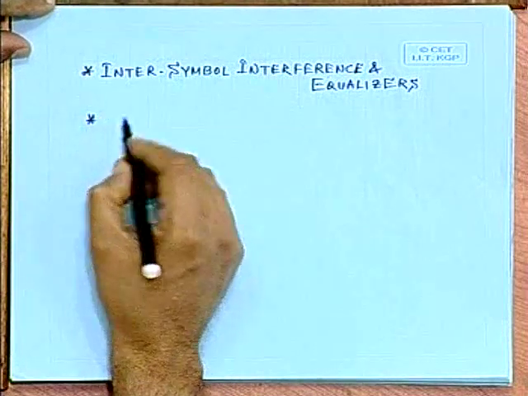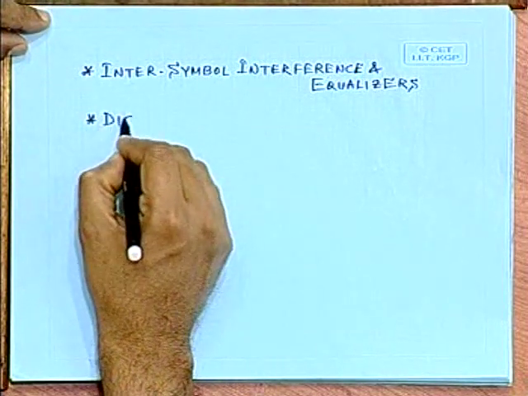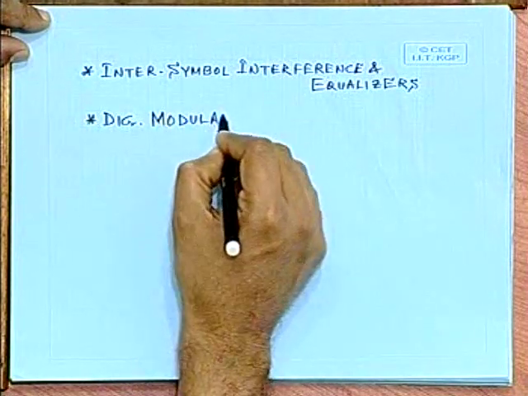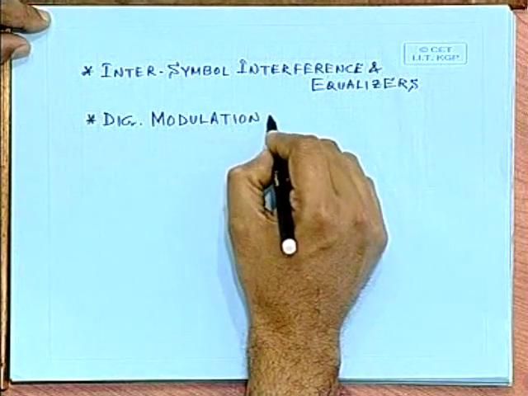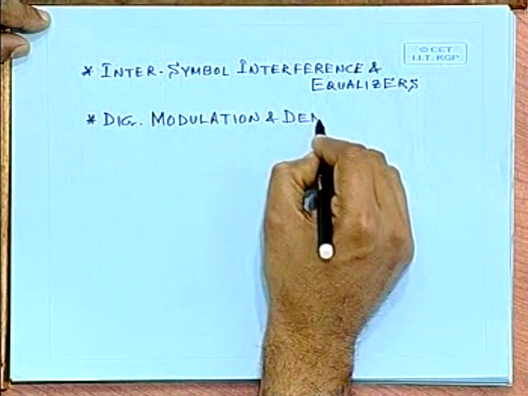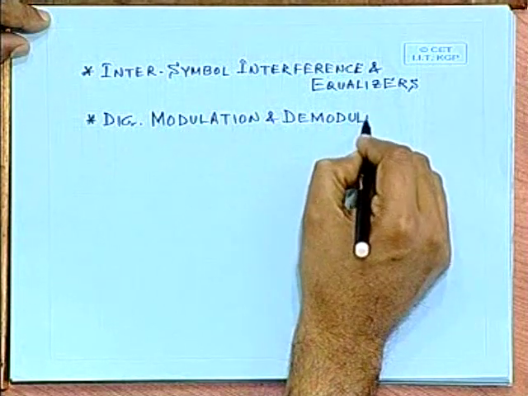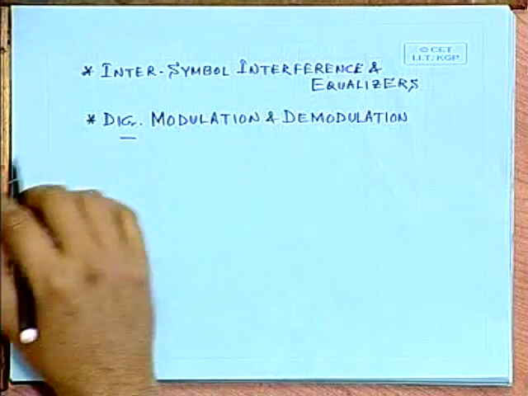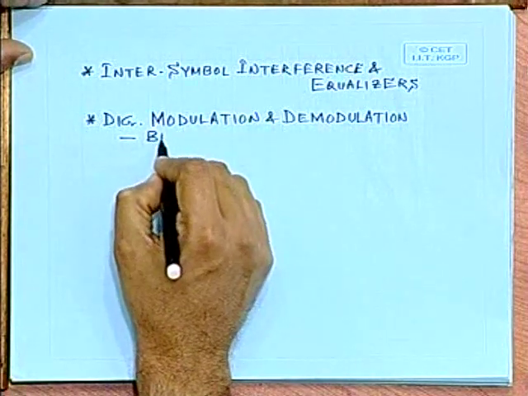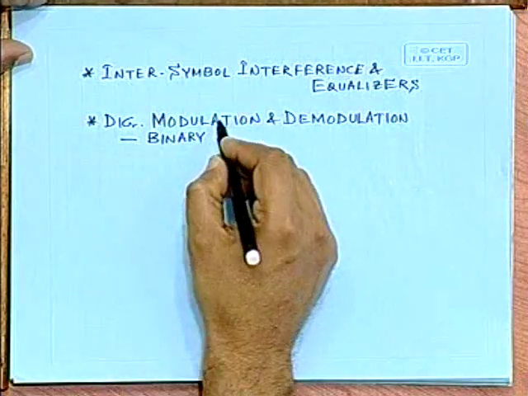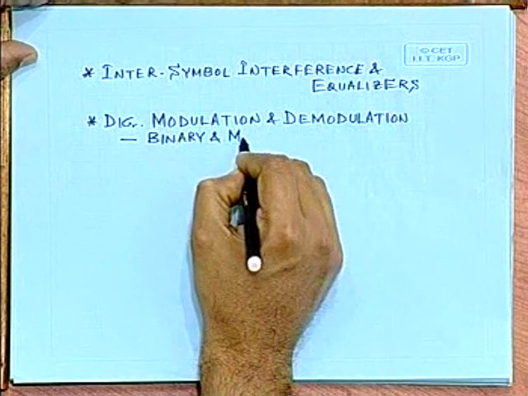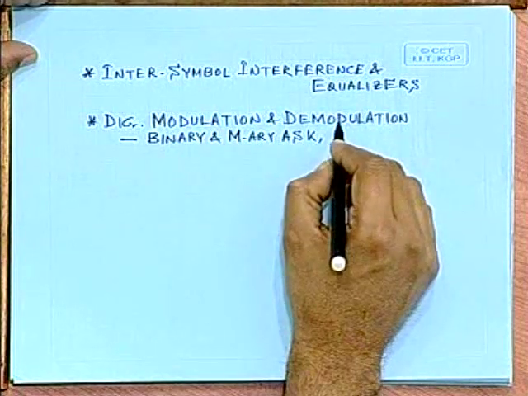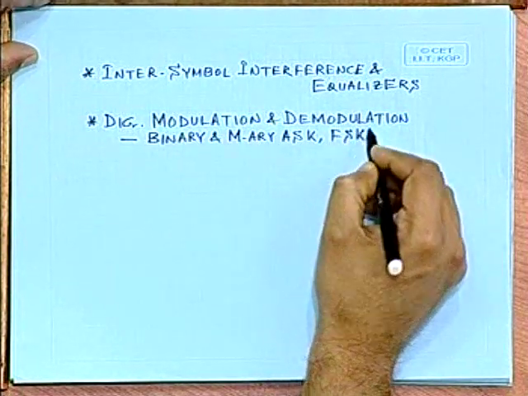The next major topic is on digital modulation and demodulation. We will take up several forms of digital modulation, both binary and MARY, ASK, FSK and the like.